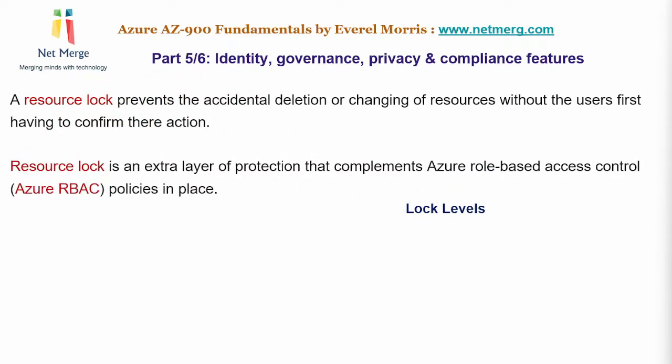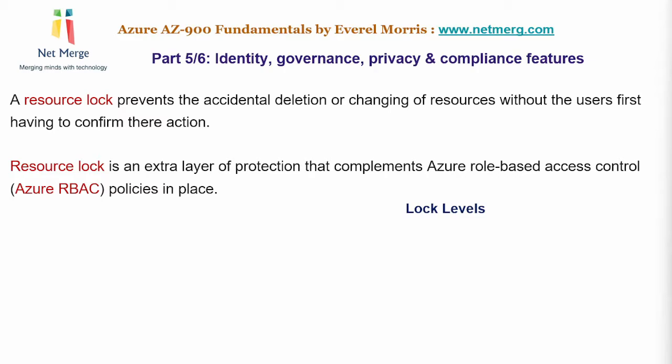Now let's take a look at resource locks. Resource locks prevent the accidental deletion or changing of resources without the user first having to confirm their action and confirming that yes, I actually want to take this action. So a resource lock is an extra layer of protection that complements the Azure role-based access control policies that you would actually have in place.